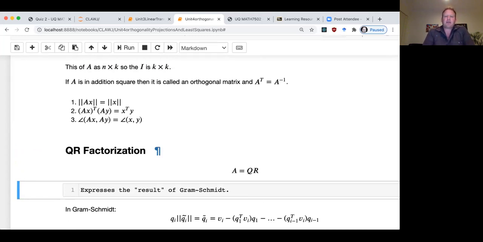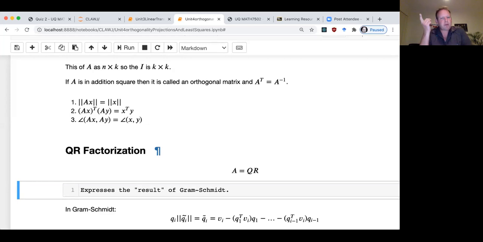Q is going to be a matrix with orthonormal columns, which, if A is square full rank, will just be an orthogonal matrix, and R will be an upper triangular matrix. Okay, so that's the QR factorization.